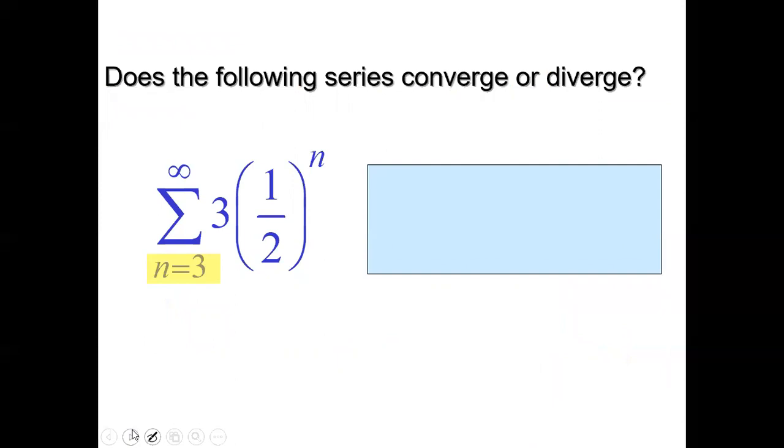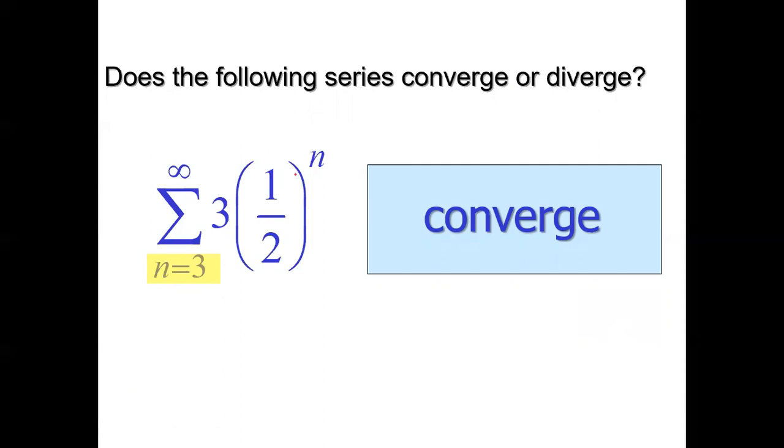So what about this one? Is this going to converge or diverge? Well, first of all, it is geometric. I can see I'm multiplying by 1/2 every time. And 1/2 is within the interval of convergence. But the question is, now it started at 3. Is that going to make a difference? No, it's not going to make a difference. It's just going to change what it converges to, because now in this case, my first term is 3/8.